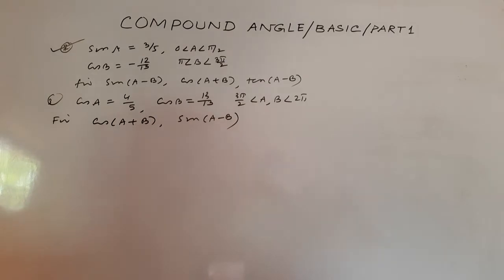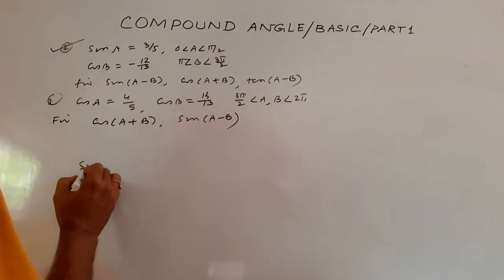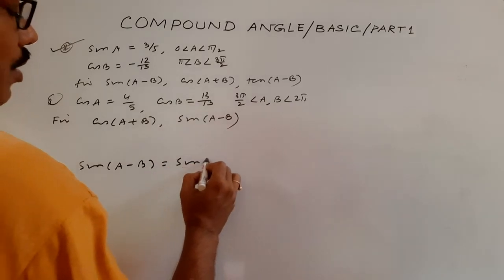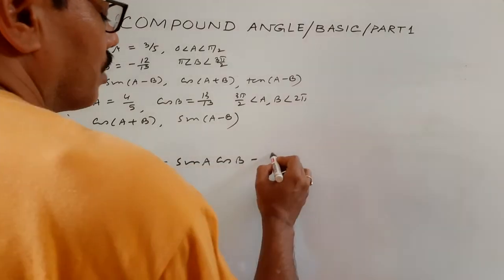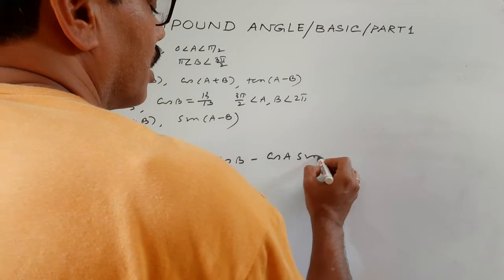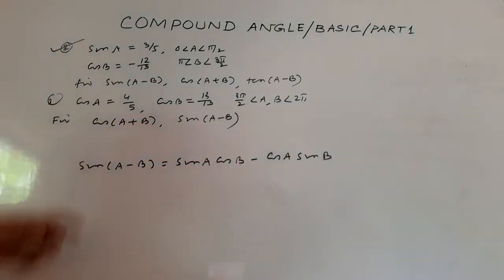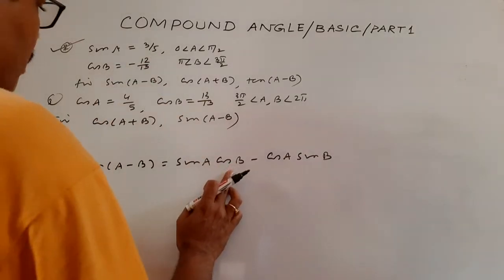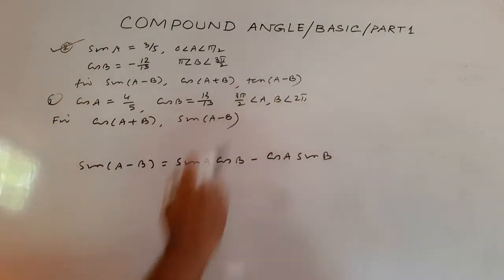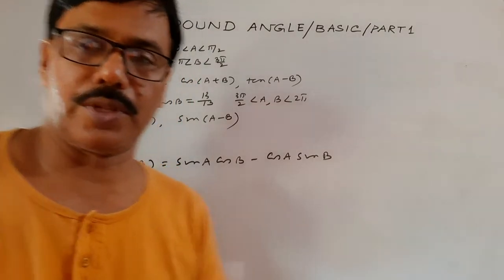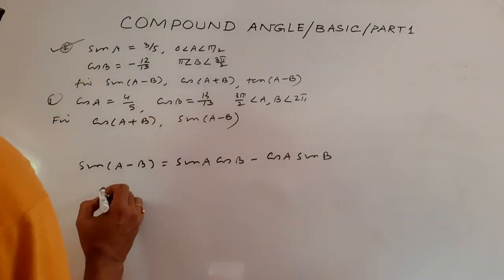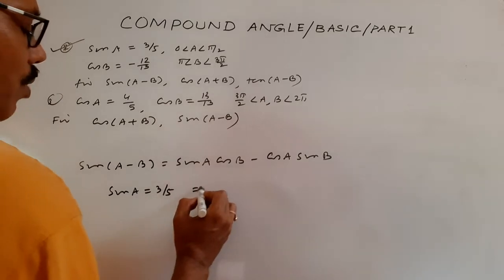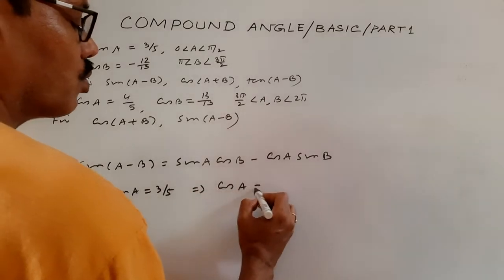So look, sin(A minus B). What is the formula of sin(A minus B)? Sin A cos B minus cos A sin B. Now look, sin A is given, cos B is given, but cos A and sin B you have to find. So sin A equals 3 by 5 implies cos A equals 4 by 5.